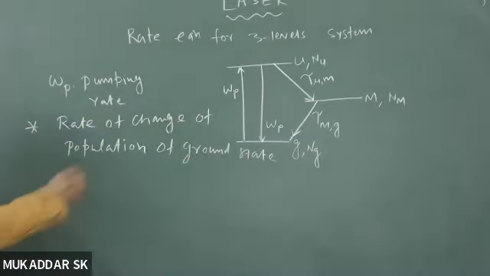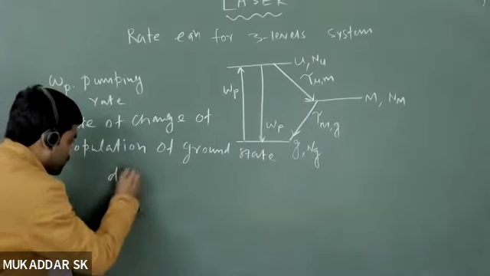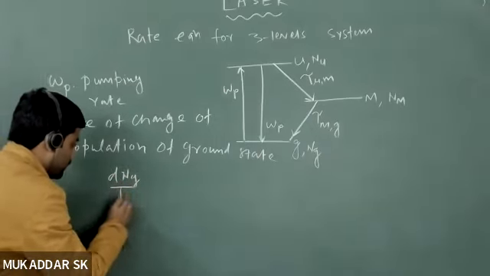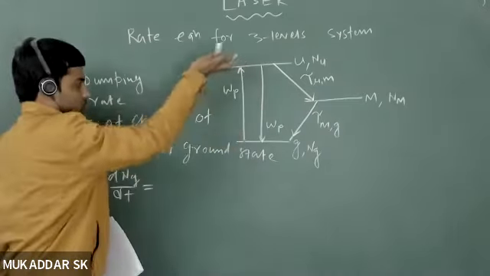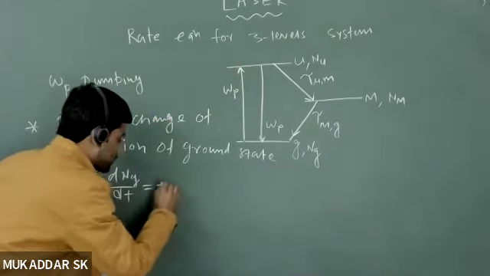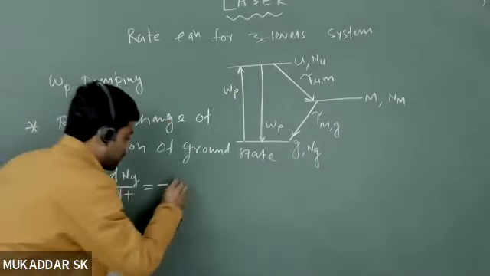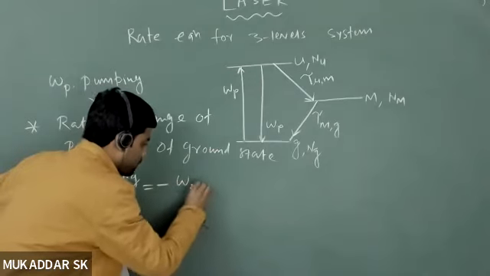Total rate of change of the ground state, it will be dNg by dt. This process of pumping will decrease the population of the ground state. So what I can write, that should be equal to minus WP Ng.